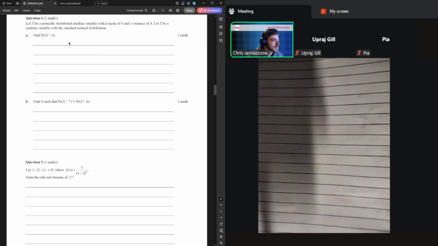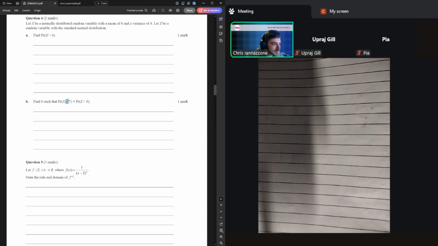Very good. B is a little bit challenging, because now you're going to do the whole comparison between the regular and standard normal. One of the first things I'll be focusing on is getting the inequalities to point the same direction.